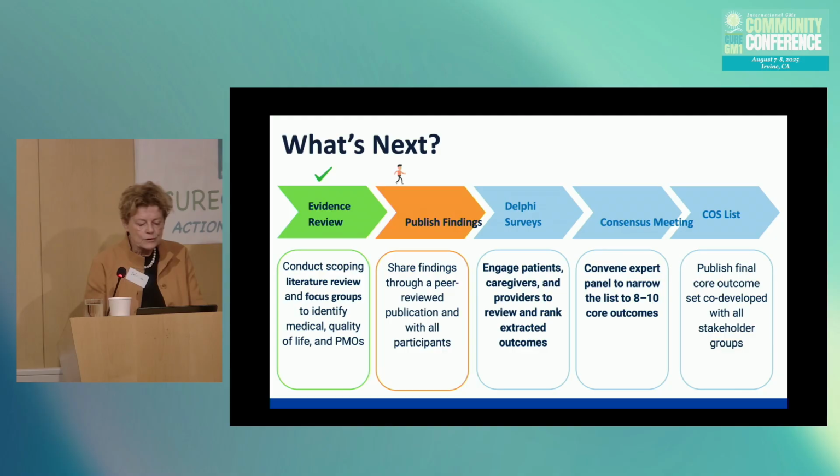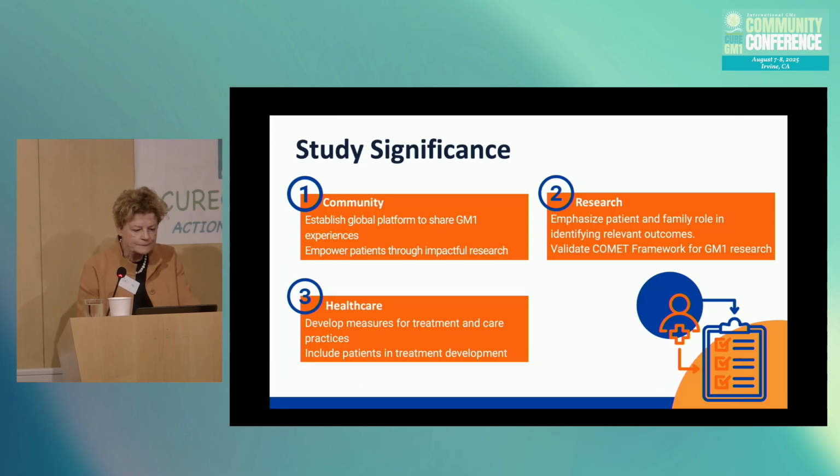What's next? We will next do a consensus process where we want to make sure that we find the most important outcomes among all the ones that I showed you, with a Delphi survey and then finally with a consensus meeting.